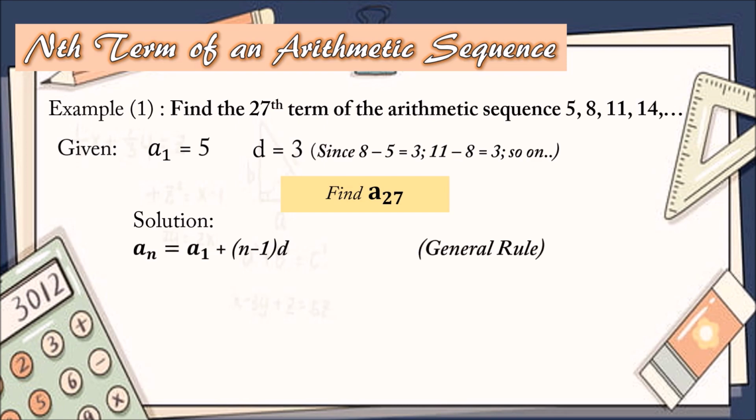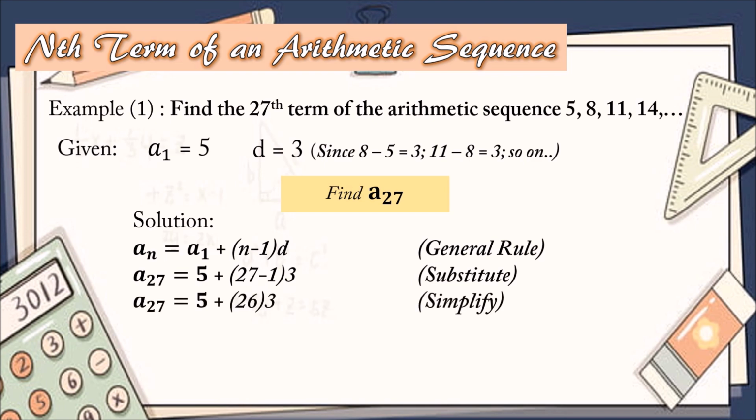Solution, we are going to use the general rule, which is a sub n is equal to a sub 1 plus n minus 1 d. We are just going to substitute the given into the general rule. So we have a sub 27 is equal to 5 plus 27 minus 1 times 3. We are going to simplify.